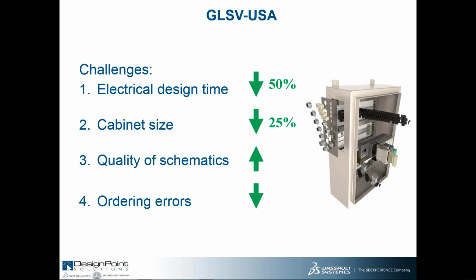And they reduced their electrical design time by 50%. They had reduced the cabinet size by 25%. Their quality of the schematics had improved, and their ordering errors, because of the combined BOMs of both the electrical and mechanical side, had gone down. So that's just a quick overview of SOLIDWORKS Electrical.